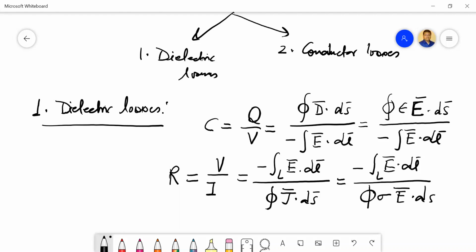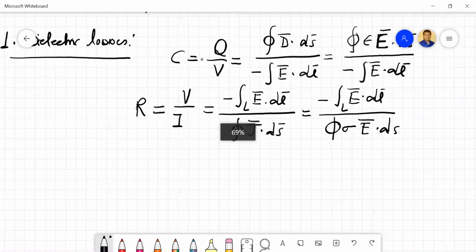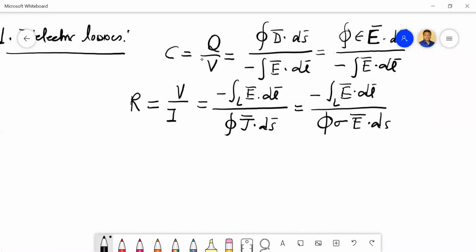Now if you see, we have two very good relations. One is C, another is R. So better to multiply these two. Let's say this is equation star and this is equation hash. So let us multiply these two outcomes.